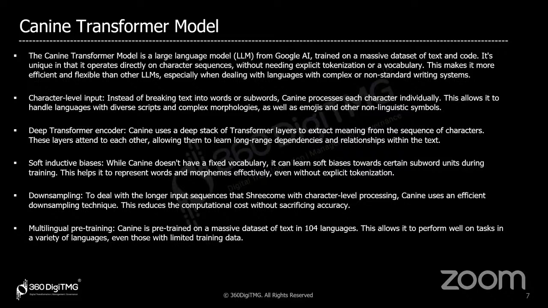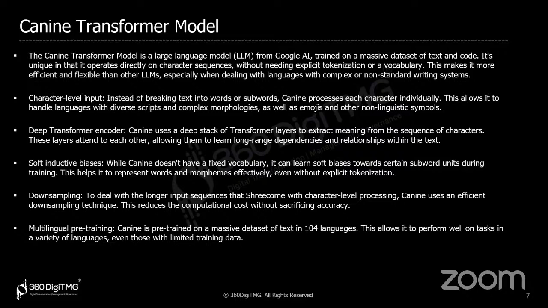It's unique in that it operates directly on character sequences without needing explicit tokenization or vocabulary. This makes it more efficient and flexible than other LLMs, especially when dealing with languages with complex or non-standard writing systems.